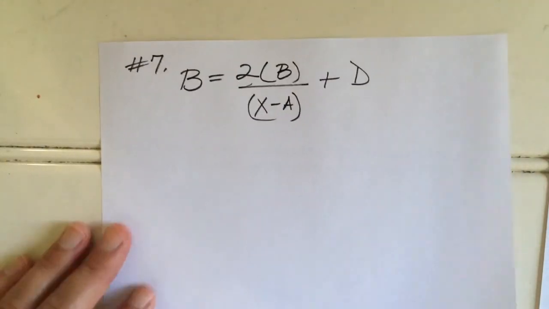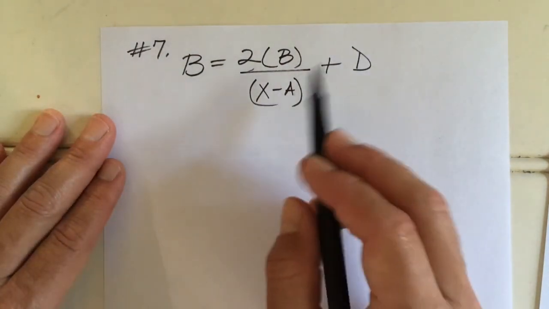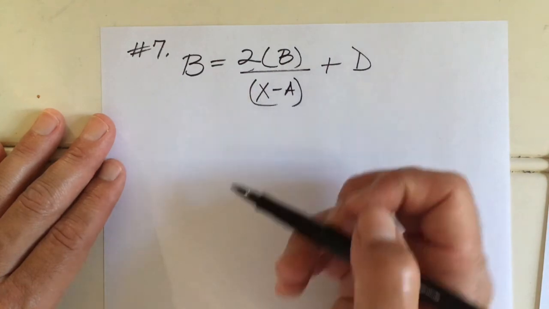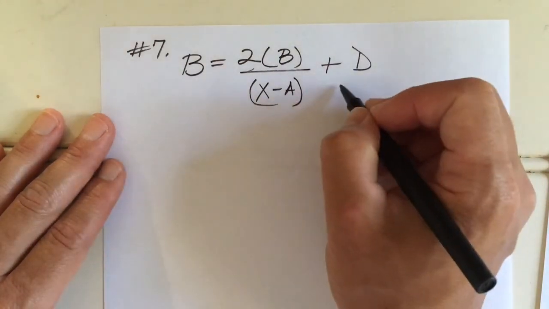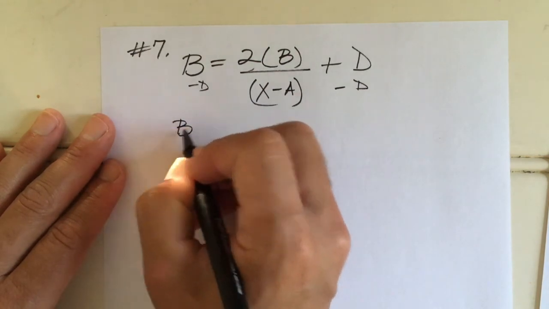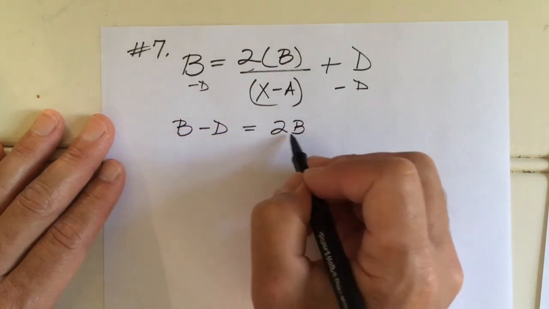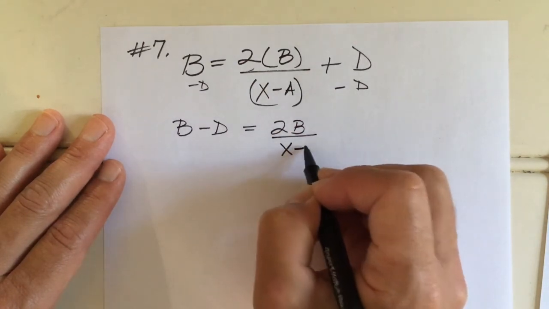All right, so I'm thinking same thing as before. Let's get this d over here by the b, and then we can deal with the x there. So we're going to subtract d from both sides. So we're saying b minus d is equal to 2b over x minus a.